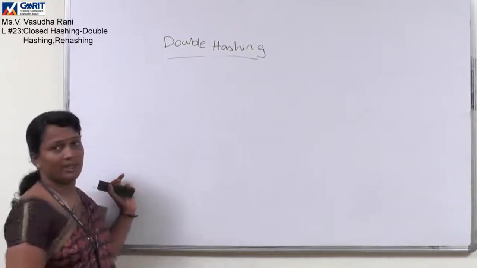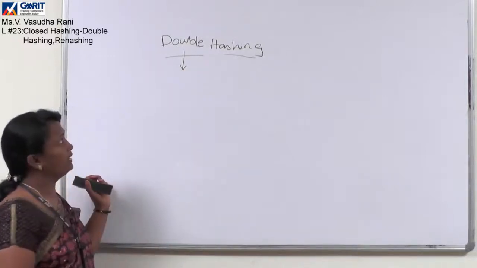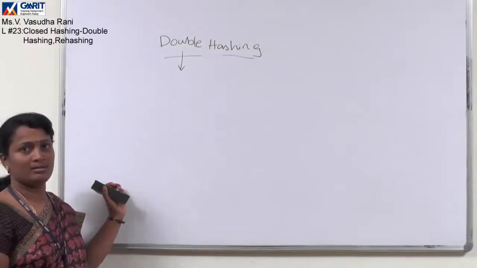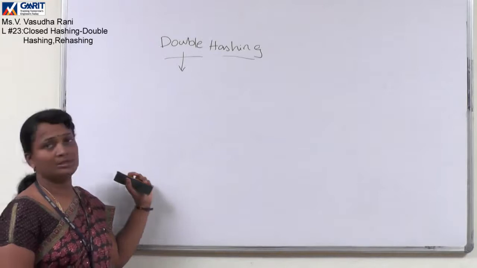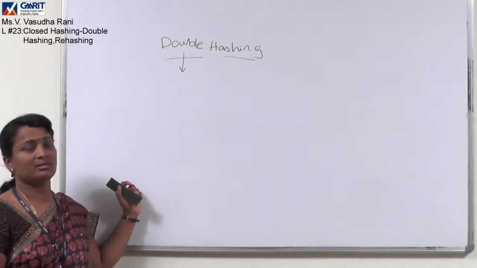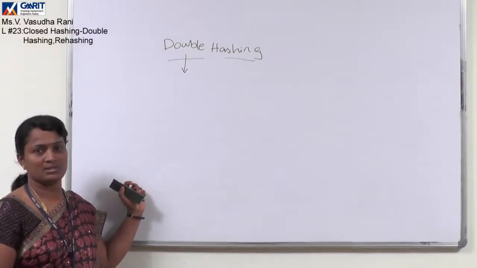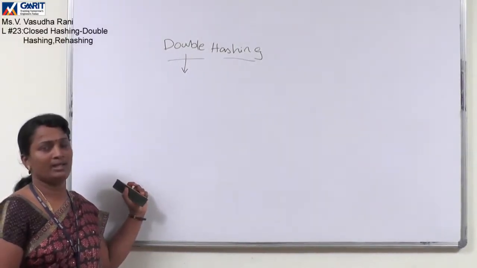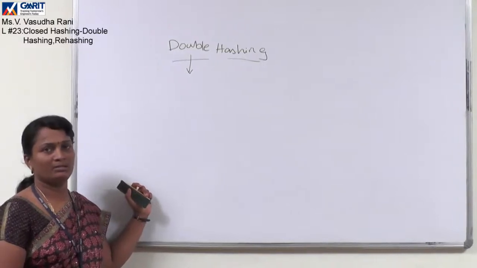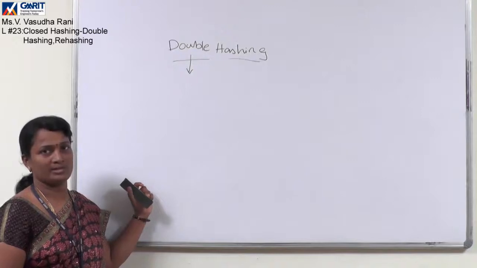This is the third technique we have. It is given the name double hashing because, while giving the solution for collisions, we have to define two hash functions. We need to use a second hash function in defining the regular hash function for solving its collisions.